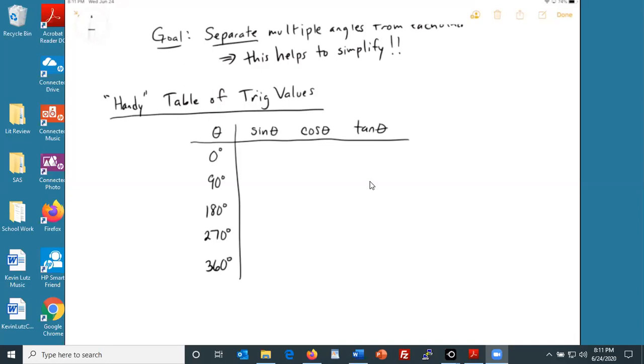Also, let's put the radian equivalents, just in case the problems are written in radians. So 0 degrees is 0 radians. 90 degrees is pi over 2 radians. 180 degrees is pi radians. 270 is 3 pi over 2. And 360 is 2 pi. We learned how to convert those yesterday.